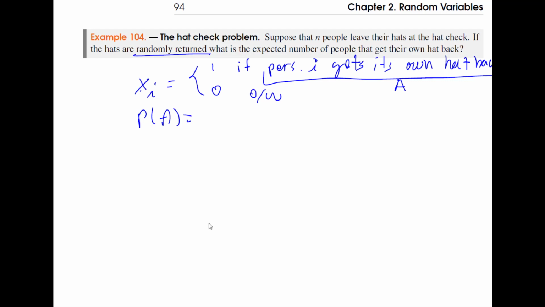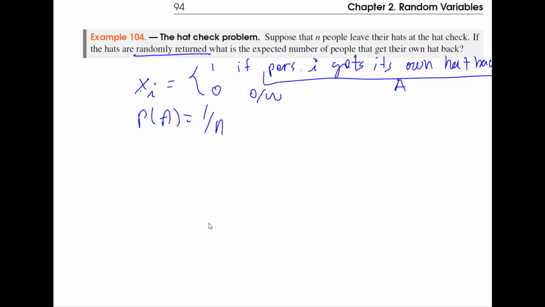Again, there are n hats there. Once you go, they're going to give you one at random from the n hats. So the probability that you get your own hat is going to be 1 over n, the number of hats.